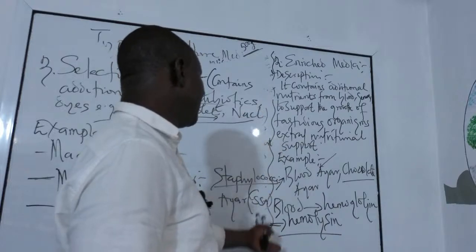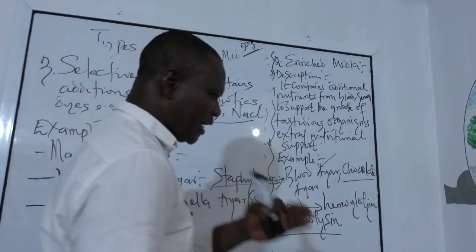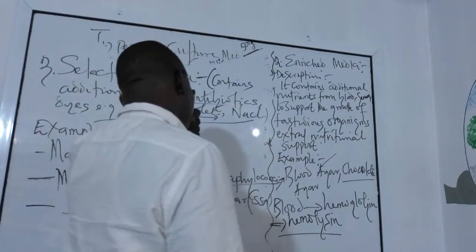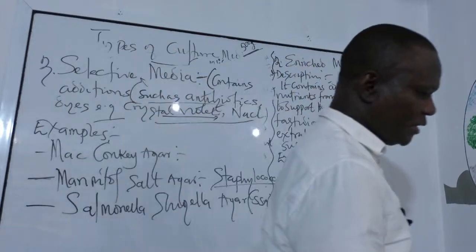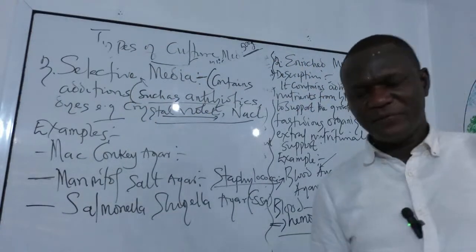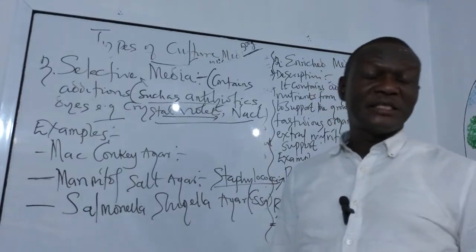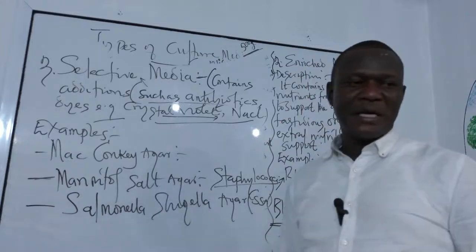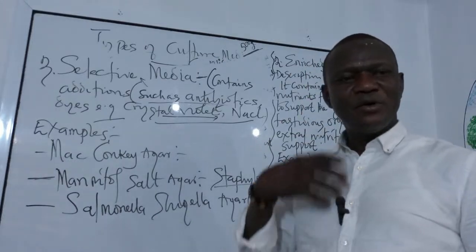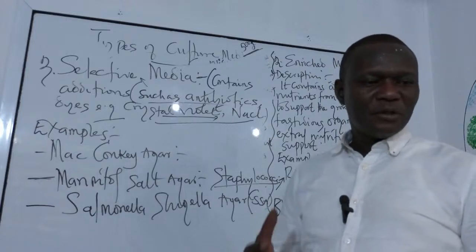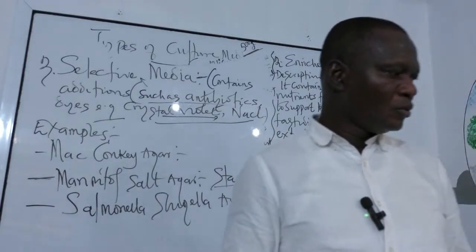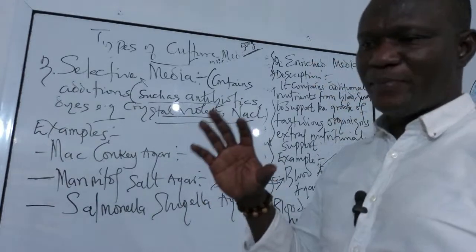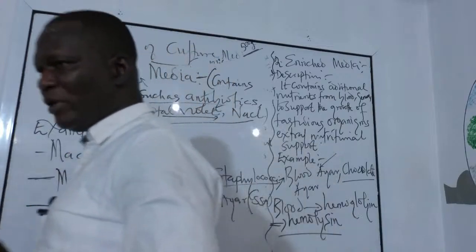And if you are interested in strictly gram negative bacteria, what you make use of is MacConkey, that is selective. And there are different types of selective agar. I told you there are some that are selective for Pseudomonas, some for Salmonella, there are lots. So depending on what you are actually looking for, that is going to prompt you on the type of agar you are going to make use of.